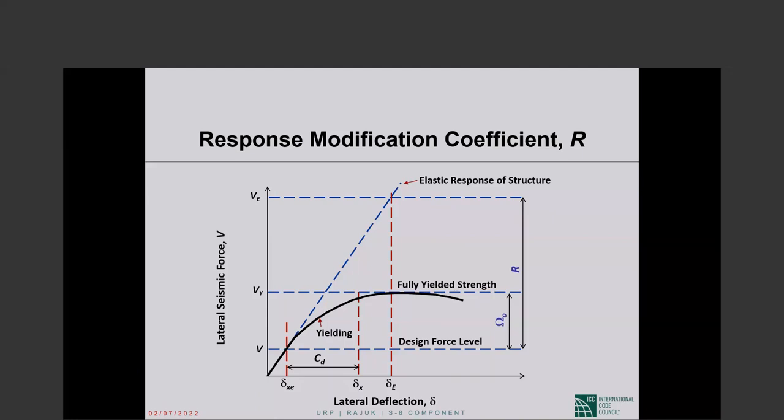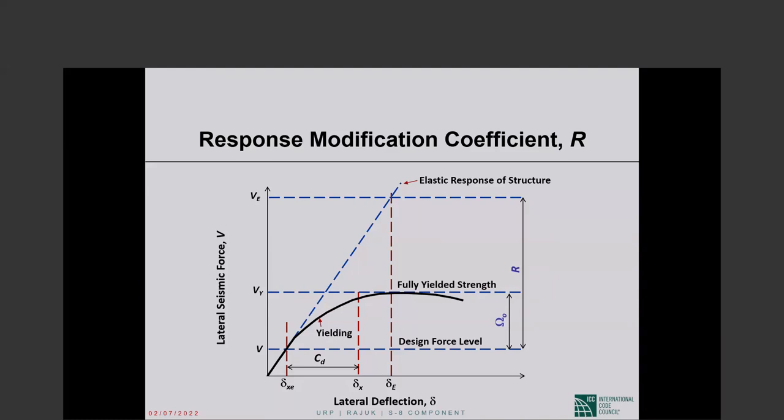When we design a special moment frame of concrete or steel for an R of 8, we are not designing for 1/8 of the force level that would have been needed for elastic response to the design earthquake. Our force level is more like a quarter of the force level that would have been needed for elastic response to the design earthquake. Just keep that in mind. I don't want to go any more into that. It gets a little bit complicated that way. So R is the response modification factor.